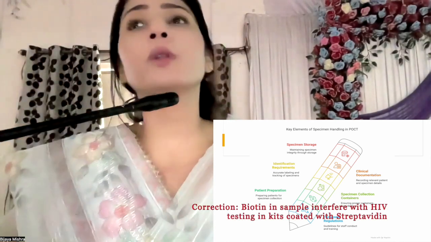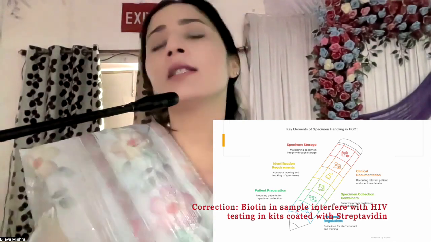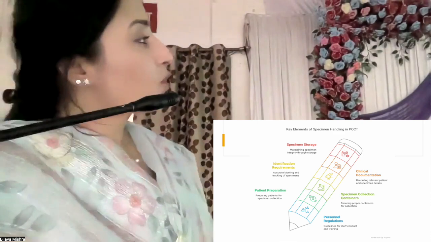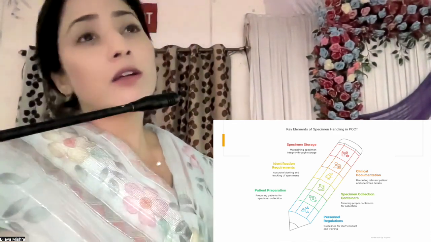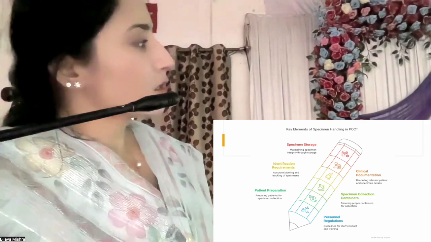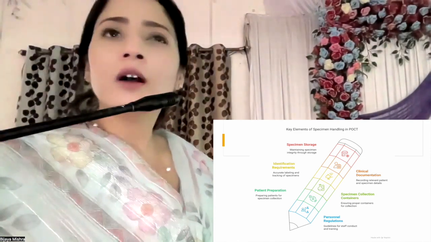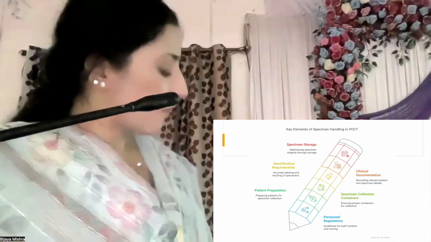These might interfere with the glucose studies in the POCT devices. So all these things should be kept in mind. How are we storing the reagents? How are we storing the cartridges? The storage of testing devices is also very crucial. And are we documenting the procedures that we are doing, the QC, properly? This is also very mandatory.